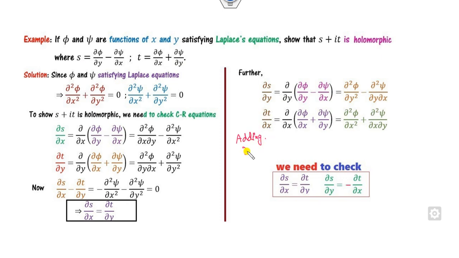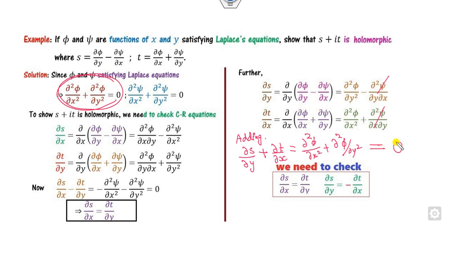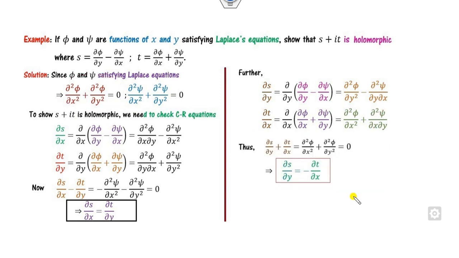What will happen if you add them? The partial derivative of s with respect to y and t with respect to x. Clearly this term will be cancelled out, and if you add them, you get the partial derivatives with respect to x square and y square. You can see this term is given to you as 0. So this is also 0. Hence we can say this result holds.